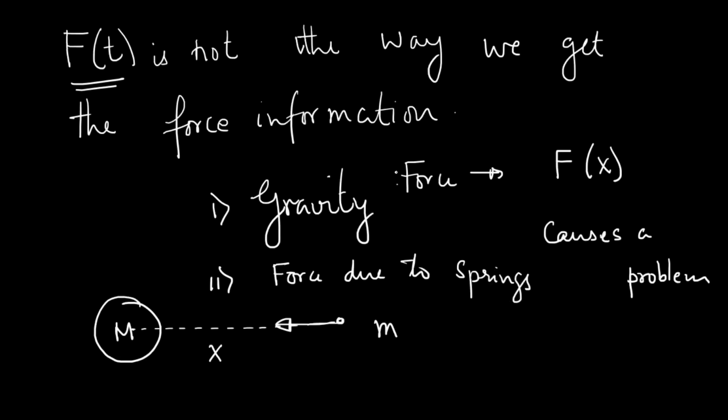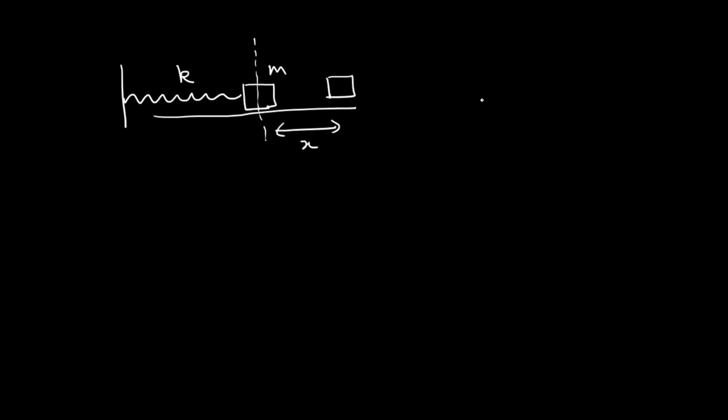So we know that if you have a spring with a spring constant k, and let's say this is the undeformed position, and the mass is in some position x, then the force depends on the extension x. In fact, as per the coordinate system, it's equal to minus kx.